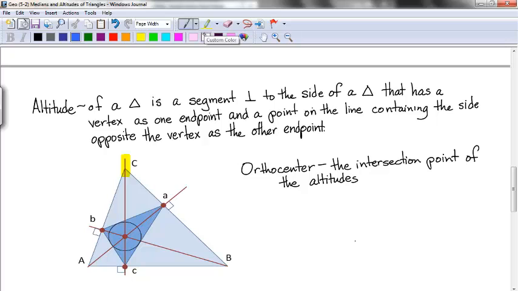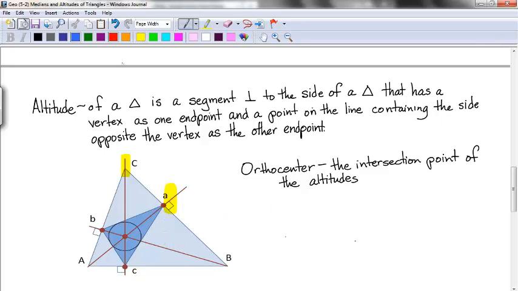So the altitude of a triangle is a segment perpendicular to the side of a triangle that has a vertex as one endpoint and a point on the line containing the side opposite the vertex as the other endpoint. So it just basically goes to a point on the other side, and this line creates a perpendicular, so this whole thing is a right angle inside there.